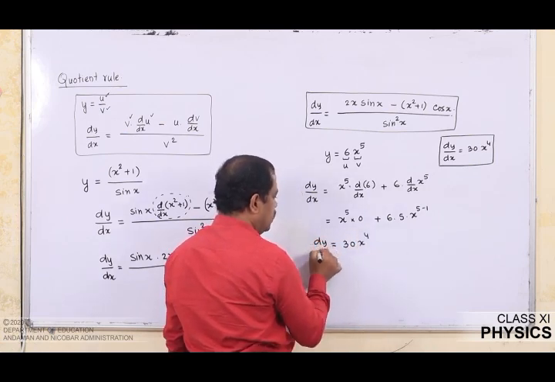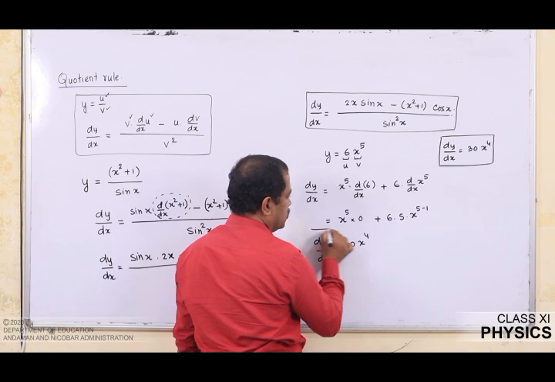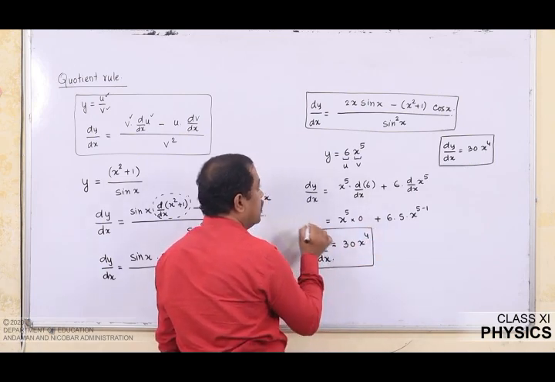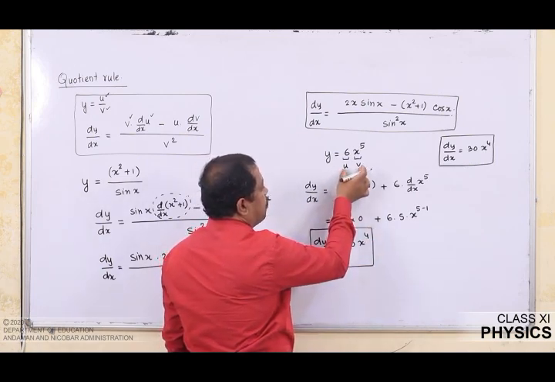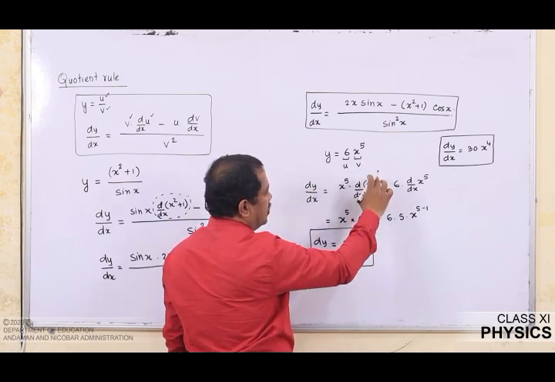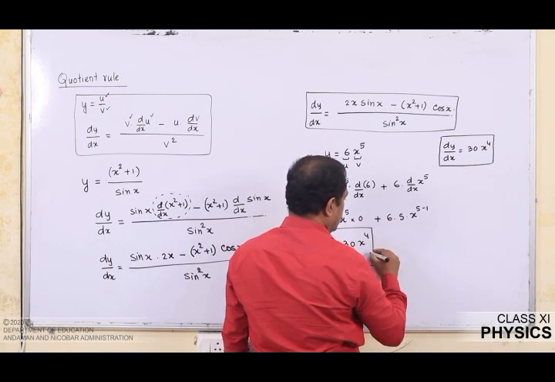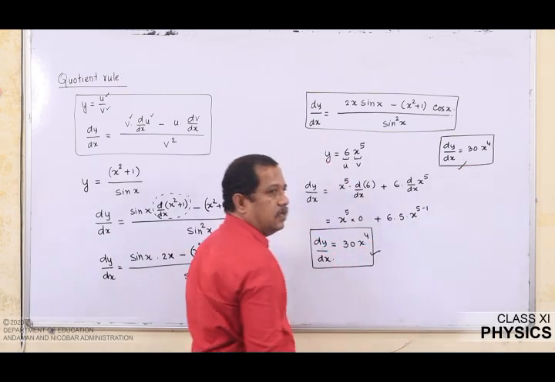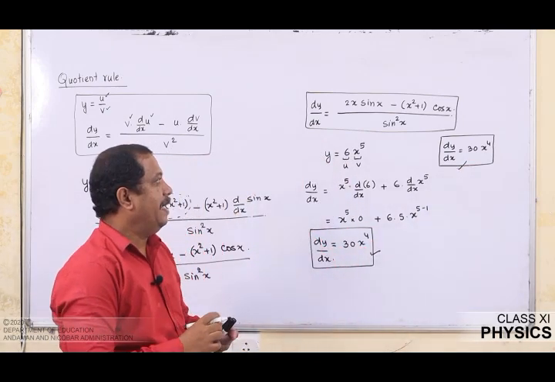So, this is my answer. Just see, when I employ the product rule for differentiating the function, I am getting the same result as I got using the x power n formula.